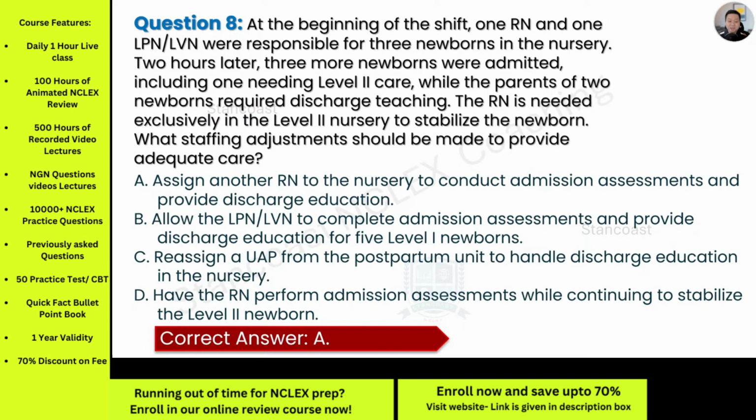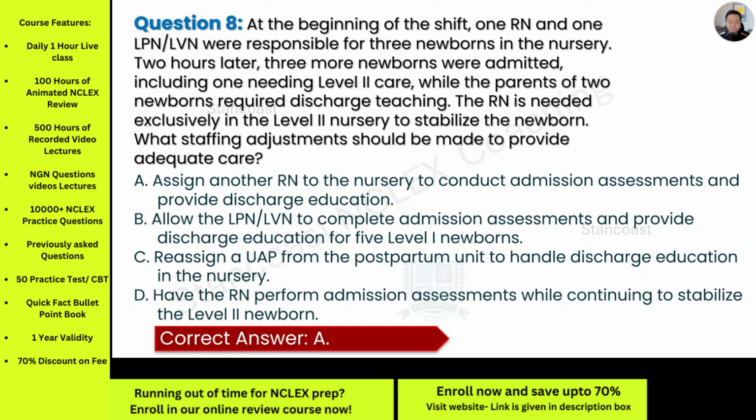Letter C is also incorrect because discharge teaching is outside the scope of their practice, and the UAP lack the required training and knowledge to provide this level of education. Now, if you select letter D, another incorrect option, this is really risky because attempting to handle the admission assessments while stabilizing a level 2 newborn can place undue burden on the RN, and this can also compromise both tasks.